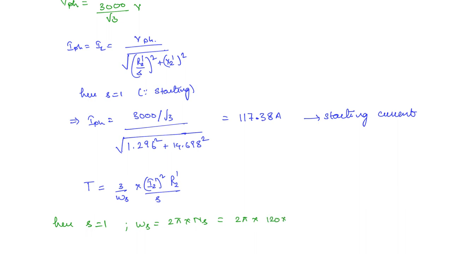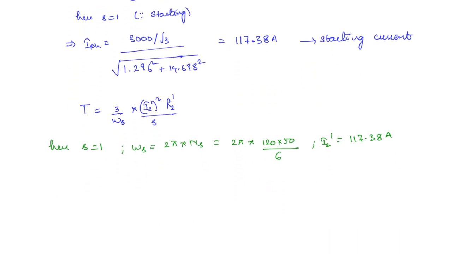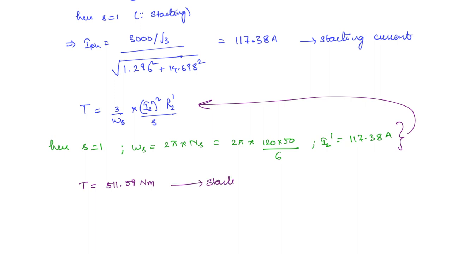So the frequency is given as 50 hertz and the number of poles is given as 6 poles. And what about I2 dash? This is nothing but the starting current that we just found out, 117.38 amperes. And finally R2 dash is also known, it is 1.296. So if you put all these parameters in this expression, then you are going to get the torque value. So this is 511.59 Newton meter. So this is the starting torque.